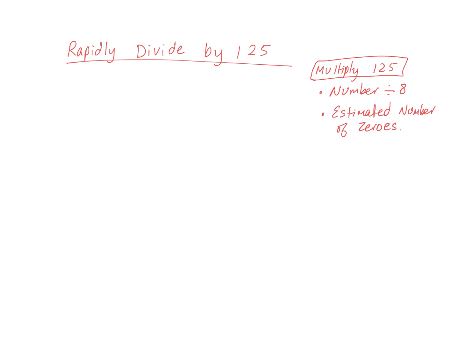Now for rapidly divide by 125, we'll do the opposite. Number times 8 and then estimated number of zeros.